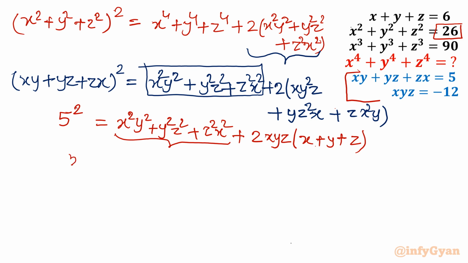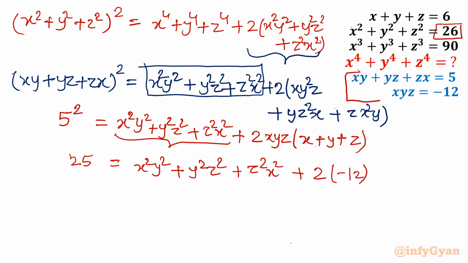Let's put the value. 25 is equal to x square y square plus y square z square plus z square x square plus 2 times xyz, which is minus 12, and x plus y plus z. This is from the given problem, that is 6.